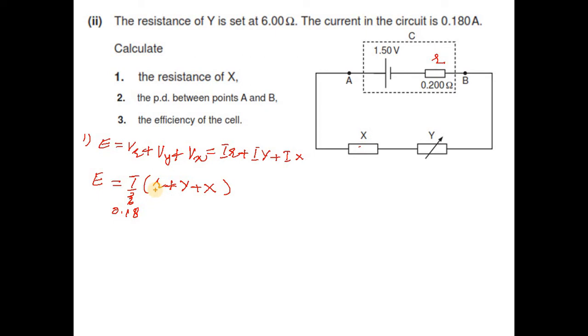You have R in the diagram, 0.2. And Y we set as a 6 ohm. And EMF is 1.5. And you substitute these values and you can figure out value of X. So X would be equal to 2.1 ohm.